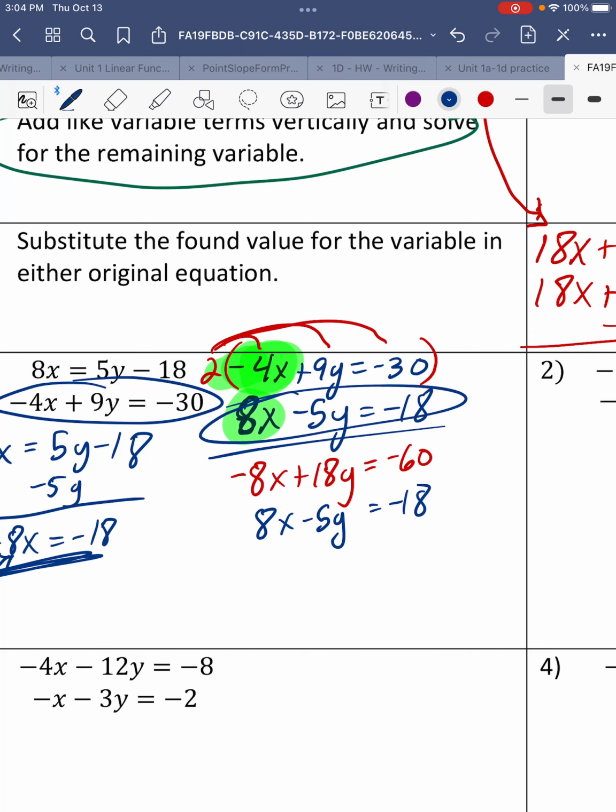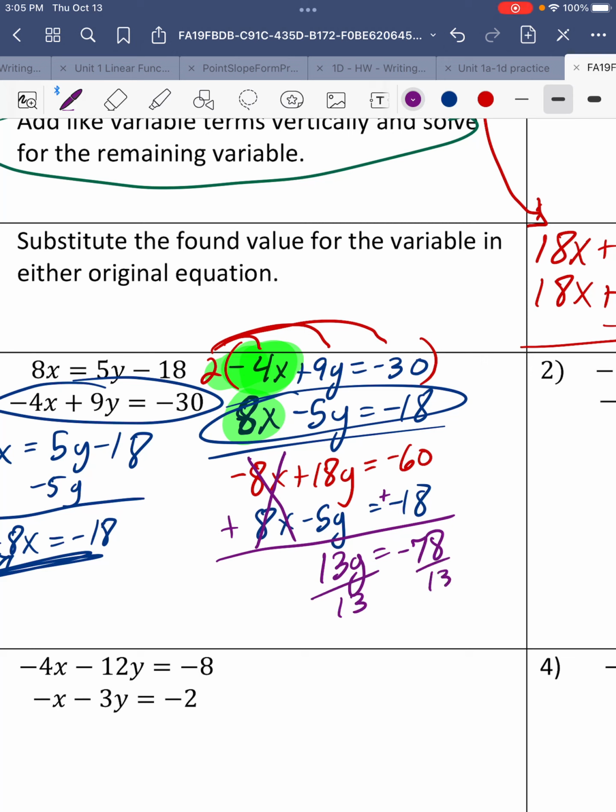And now we're going to add these vertically because we have opposite terms, a negative 8x and a positive 8x. Negative 8x plus 8x go away. 18y plus negative 5y is 13y. Negative 60 plus negative 18 is negative 78.